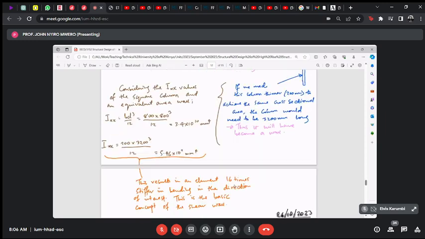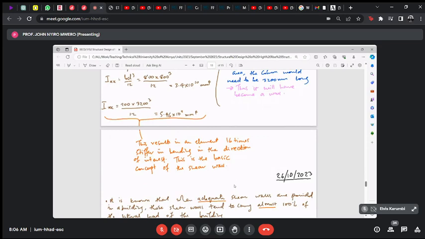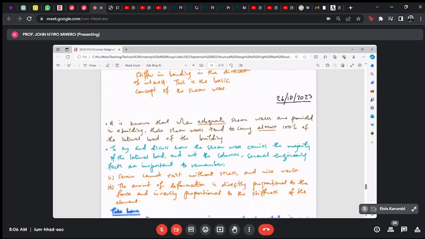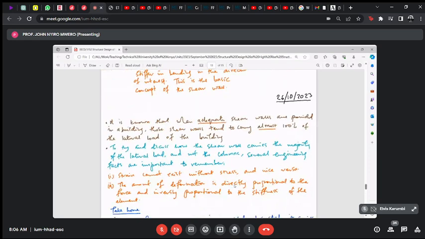And we saw that the second moment of area, which we said is a measure of the bending stiffness of an element, becomes almost 16 times. So that is the thought of the shear wall.